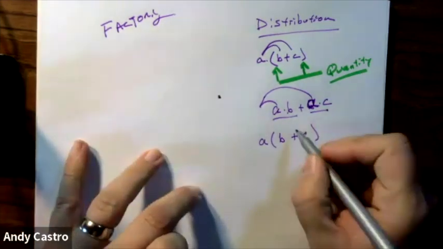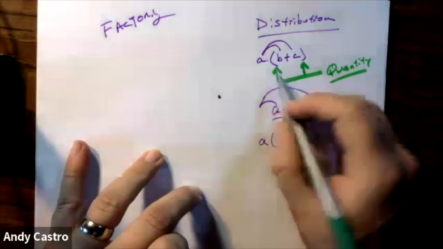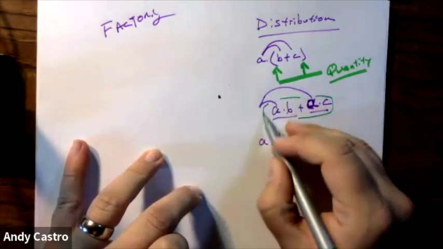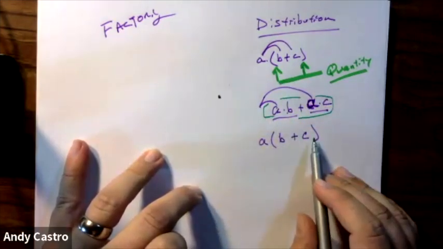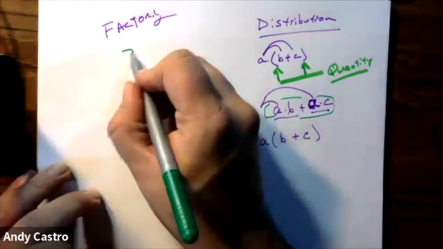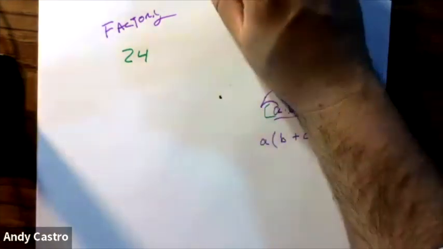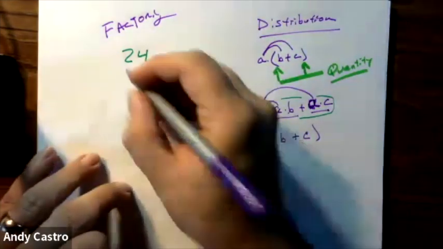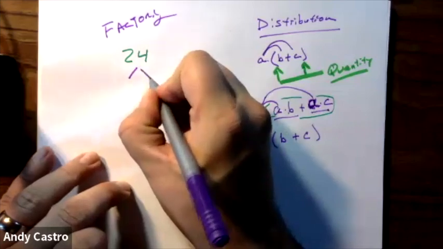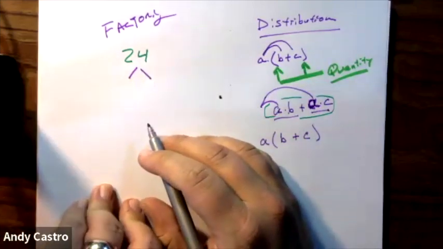The word factoring simply just means that you are taking a number and you are pulling out factors, okay? And we do this a lot with numbers themselves. So in this case right here, we have 24. We can factor that. We can create what's called a factor tree.